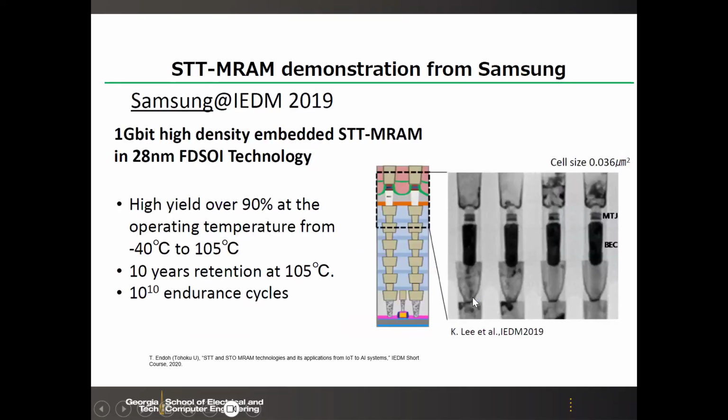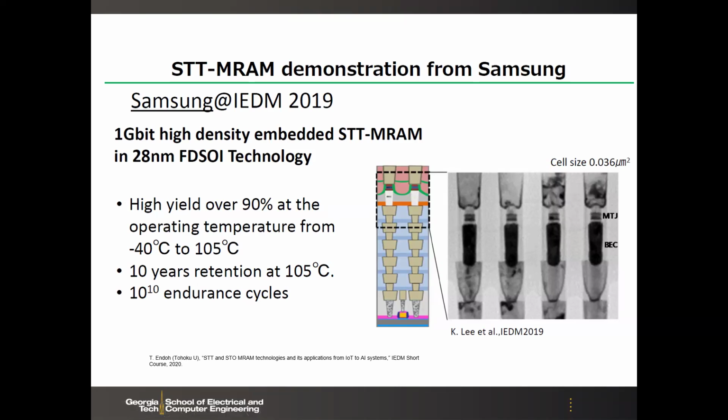Around 2018 and 2019, all the major foundries announced that they commercialized the STT-MRAM. Here, this is from Samsung. You see 1 gigabit in the 28 nanometer node, and the cell size is 0.03 micrometer square, a little bit larger than 3 nanometer SRAM.